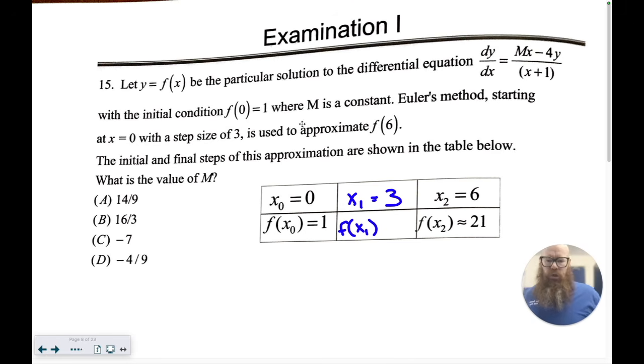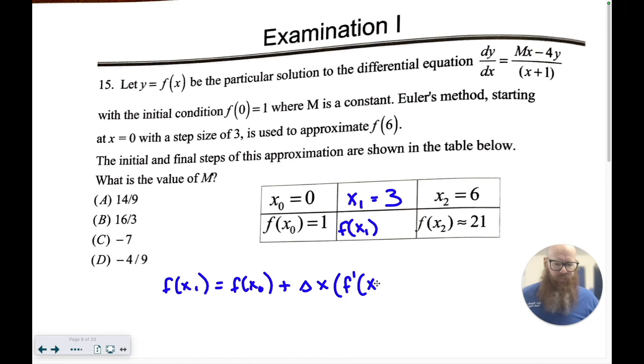So the way this works is if I want to find f of x sub 1, that's going to be equal to f of x sub 0 plus our step size, so delta x times our slope, so f prime of x sub 0. Okay, so that's just the layout of Euler's method.